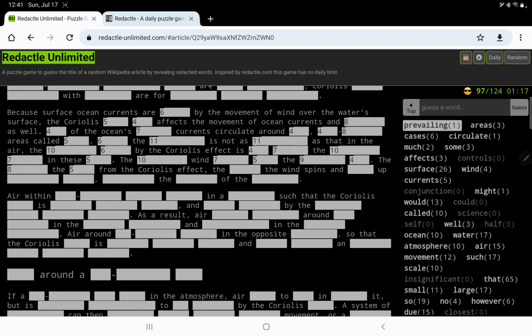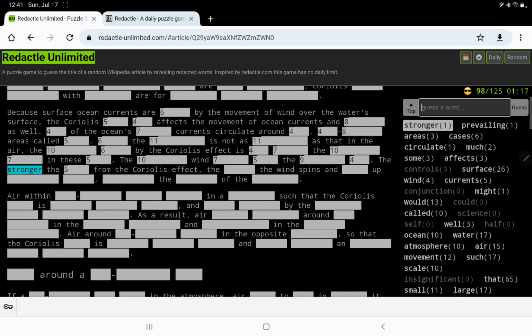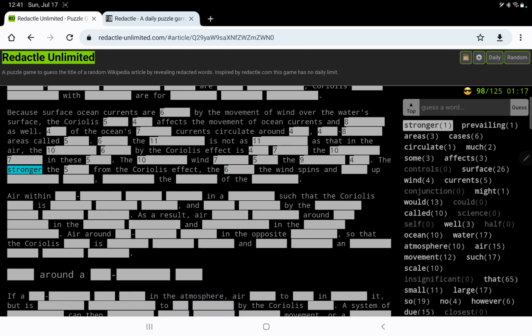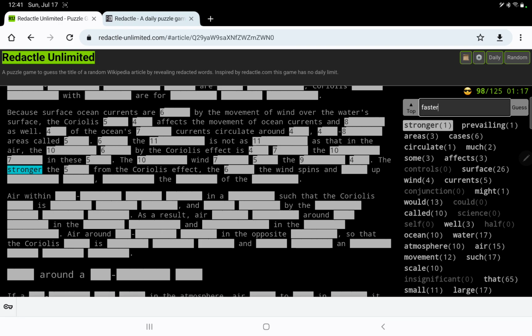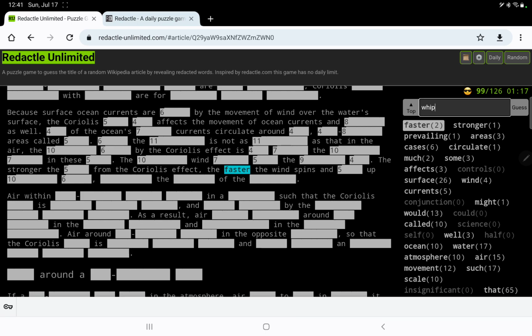The stronger the something from the Coriolis effect. The something, the faster the wind spins and whips up.